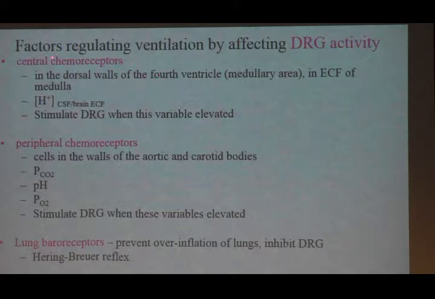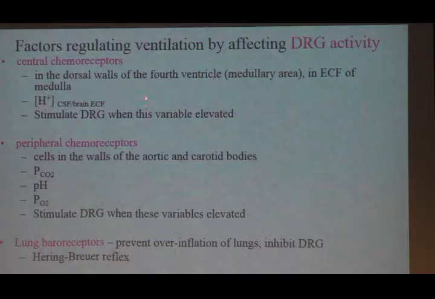There's also some of these chemoreceptors that are found in the extracellular fluid of the medulla. So not just in the walls of the fourth ventricle, but there's some of these chemoreceptors actually physically in the extracellular fluid of the medulla. And both of them, again, monitor hydrogen ion levels of either the cerebral spinal fluid or the brain extracellular fluid.